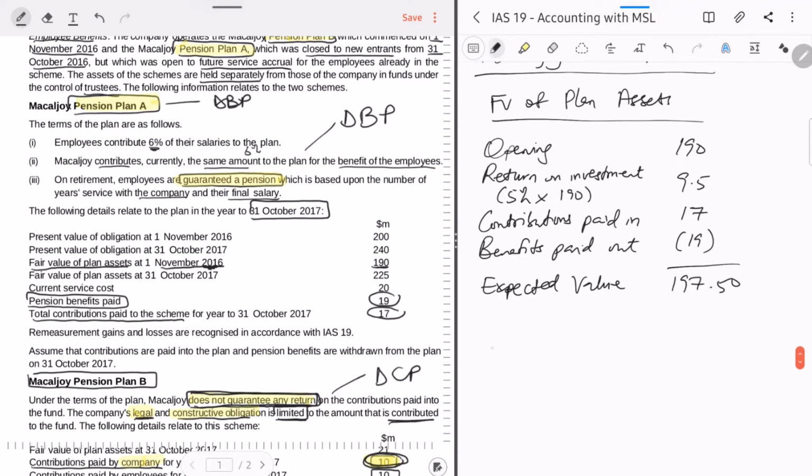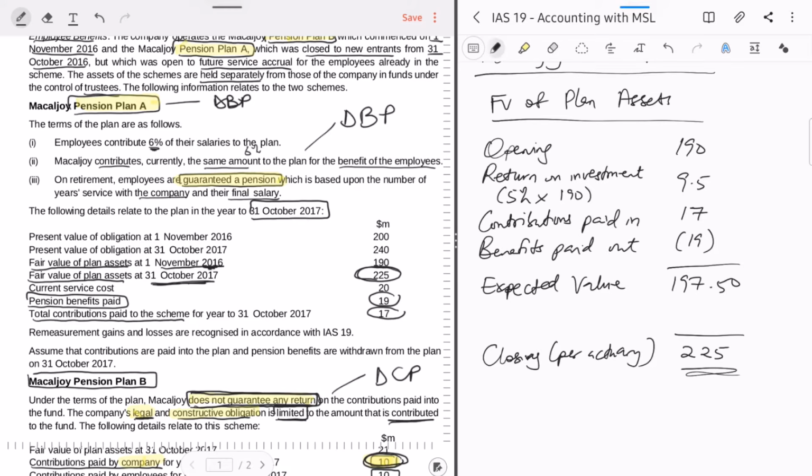Then let's say closing per actuary. So let's come here. Fair value of plan assets at 31st October 2017. Actuary is saying it should be 225. So we put here what? 225. So the difference between 225, which is the actuary's value, and what we got will be the remeasurement component that goes to other comprehensive income.